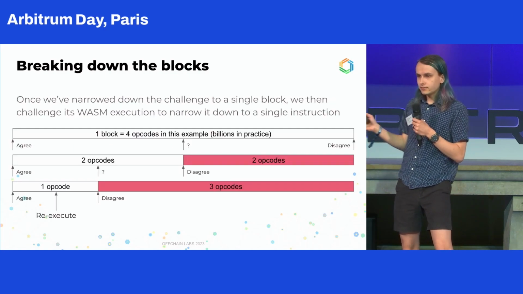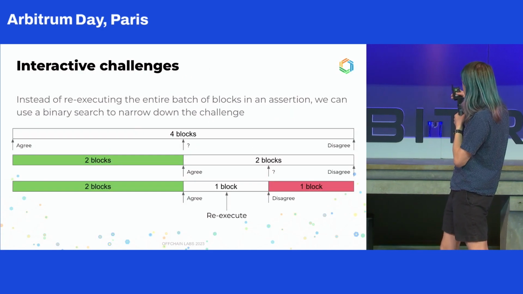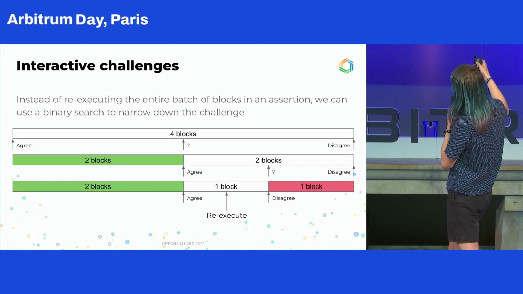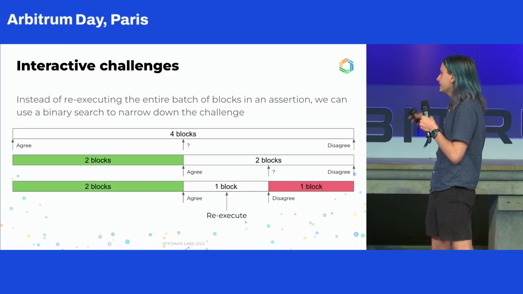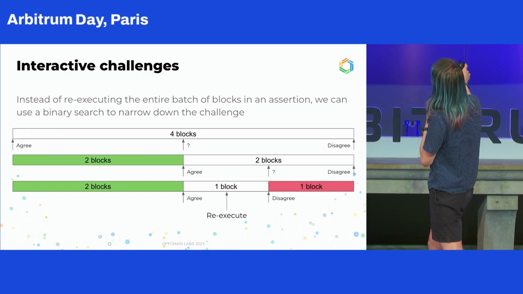So let's say, for instance, looking at this example, there's one validator here that's honest and one that's malicious. Let's say that the honest validator said that they disagreed with the dishonest validator halfway through.